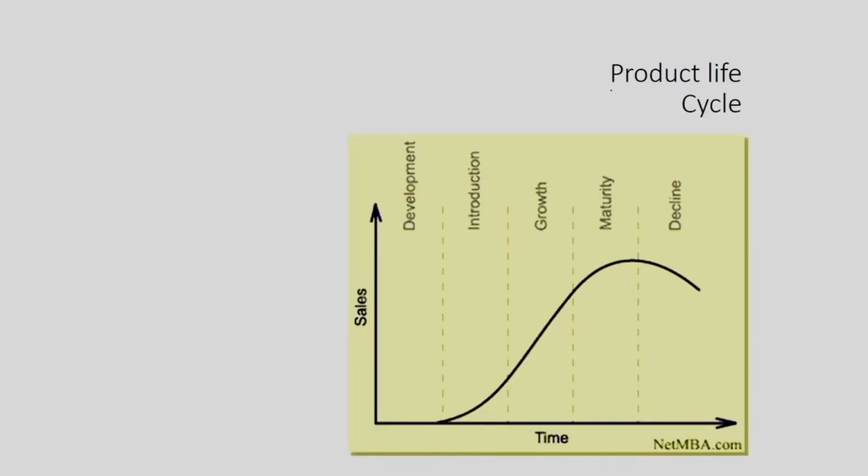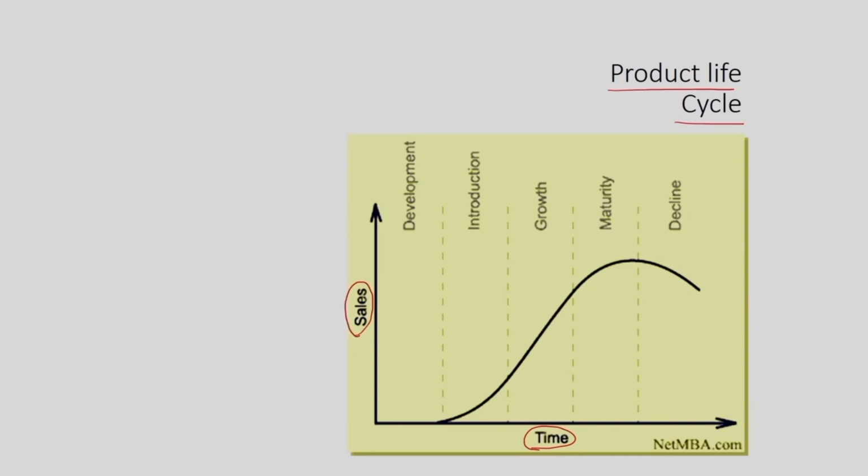Now, we will see an important concept in automation, and that important concept is product life cycle. On your screen you can see a graph. The graph has time on the x axis and the sales of a typical product on the y axis.